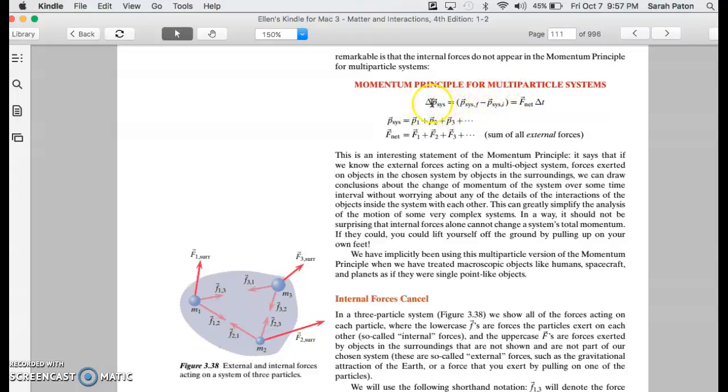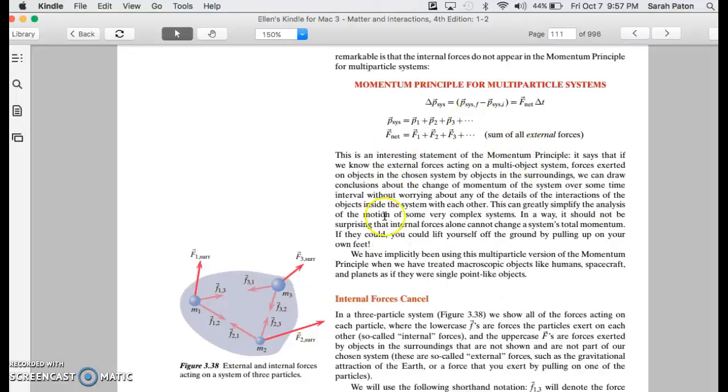The total change in momentum of a system is the final momentum of the system minus the initial momentum of the system, and this is equal to F net times change in t. Now F net is equal to the sum of all the external forces on a system, and the momentum of a system is equal to the sum of the momenta of the individual objects within the system.